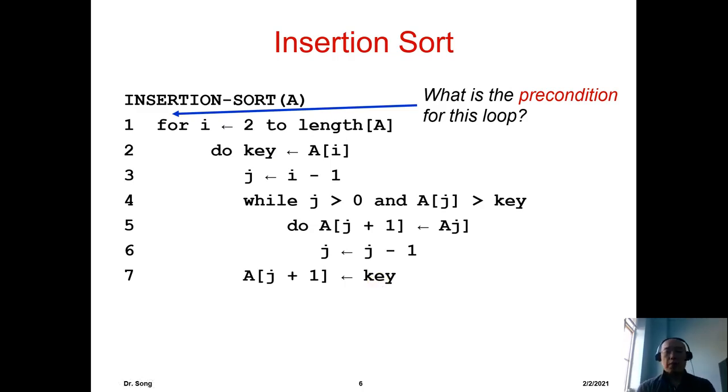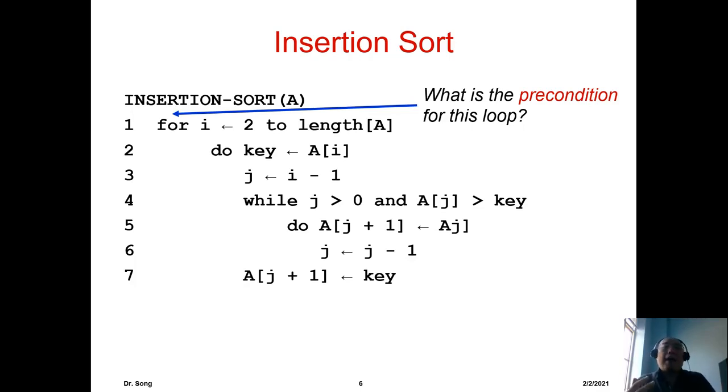For this algorithm, what is the precondition of this for loop? We should have a list ready, and all the values should be comparable. If we have strings here, or a nested list, it will screw everything up. So we are assuming that we just have a normal array of comparable values.